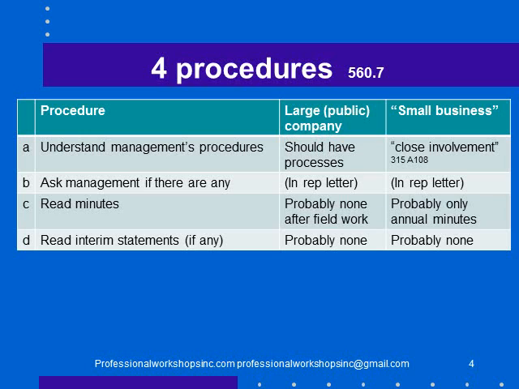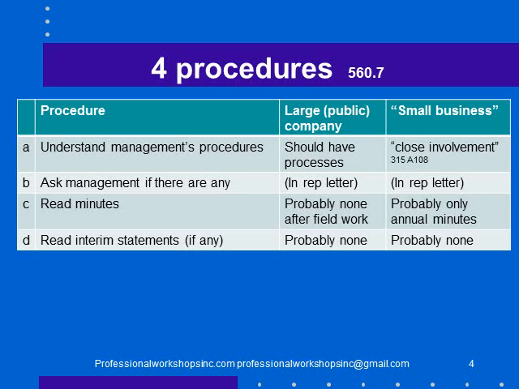And the first requirement in 560.7 is to understand management's procedures. And in a larger company, they probably should have such processes, and we will be able to understand and document our understanding of it.